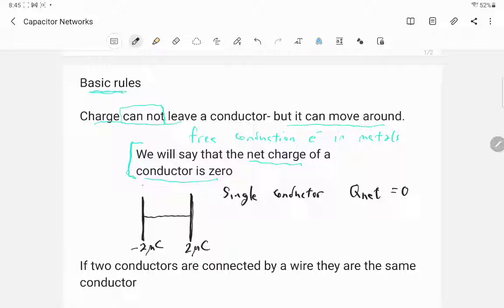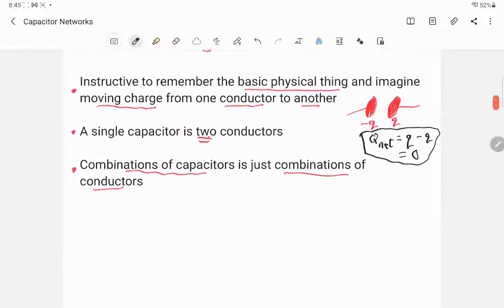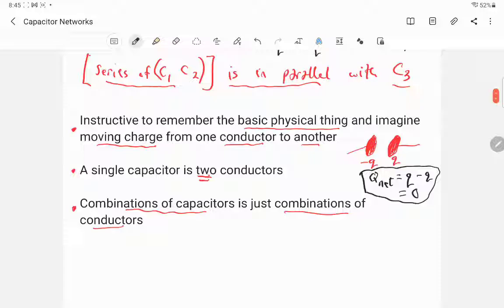That is, whatever the left-hand plate charge is, the right-hand plate needs to be the opposite of it, right? And notice that this is talking about a single conductor, which is different from talking about a single capacitor, right?